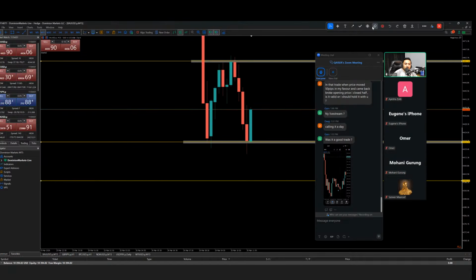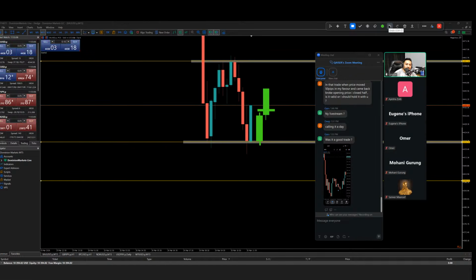If it's going to close nearby this support area in this shape, you can give your trade a chance. But if it keeps pushing upside and fills more than 50% of the range on the left hand side, then I think it will be better to avoid this complete range.